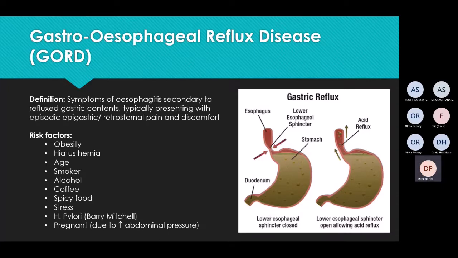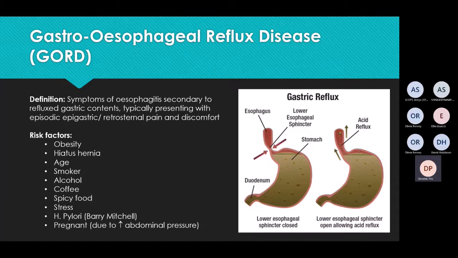As you can see in the diagram on the right, you have this lower esophageal sphincter, and when it's not functioning properly, or when there's significant pressure in the stomach, acid and gastric contents can travel up through the esophageal sphincter and irritate the lining of the esophagus.